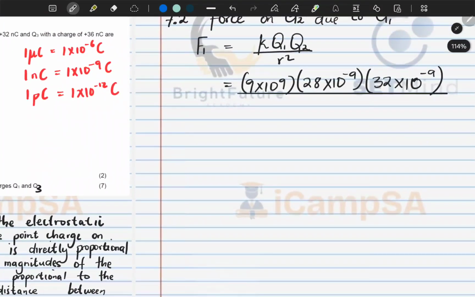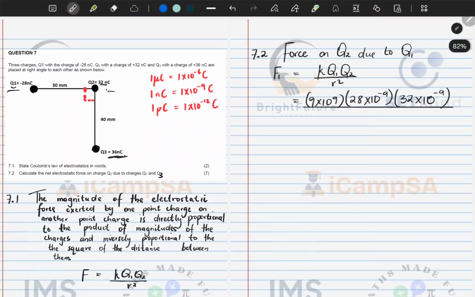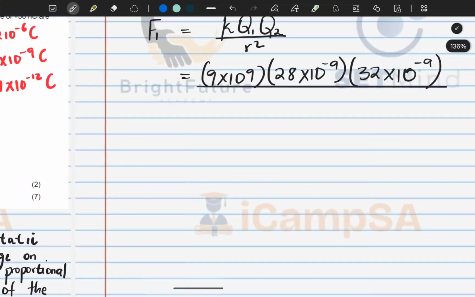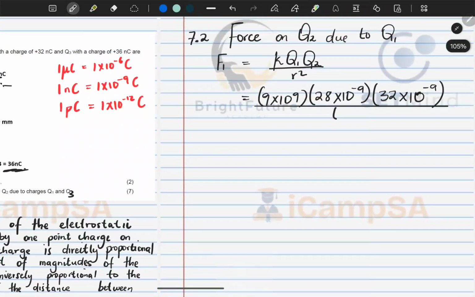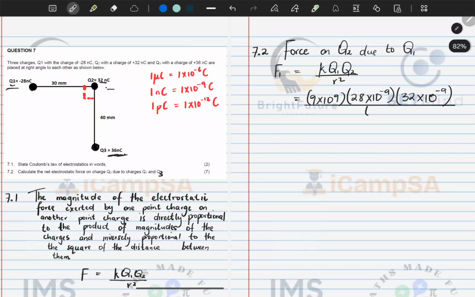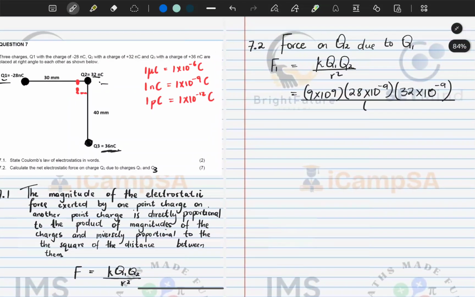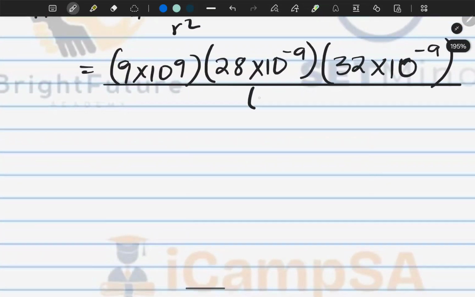There's no need to include the signs. Of course, if you're using another method, it might work, but for the method I'm using here, there's no need for the signs. All you have to do is interpret the final answer. We'll get to that though. So 30 divided by 1000 should be 0.03 precisely.